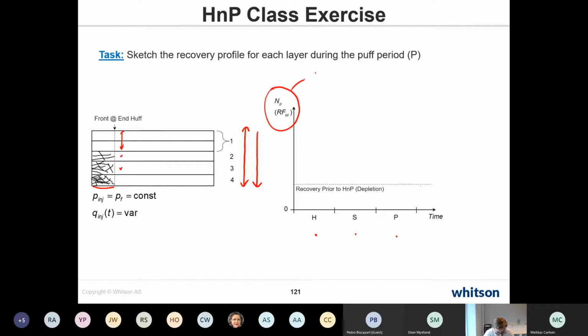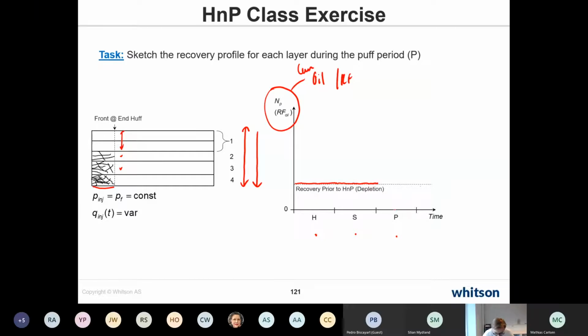So this is cum oil production or recovery factor. Two sides of the same story. And we're not producing anything additional. That is like that for all the cases. During Huff, during soaking, we're not producing anything either.